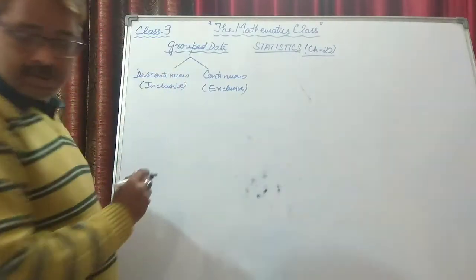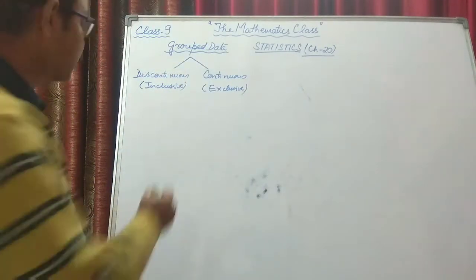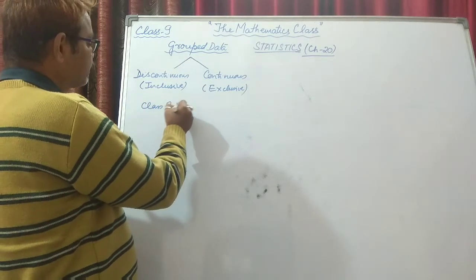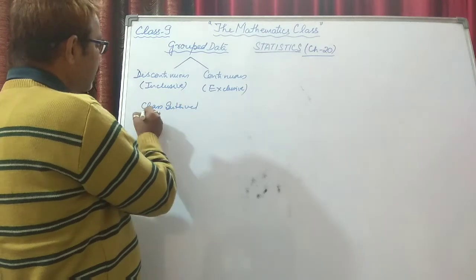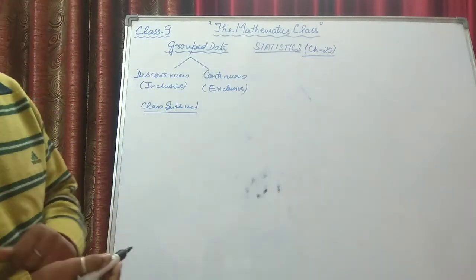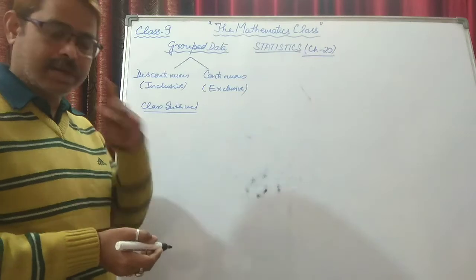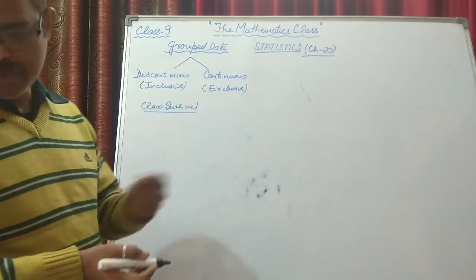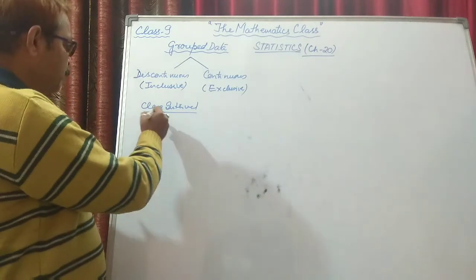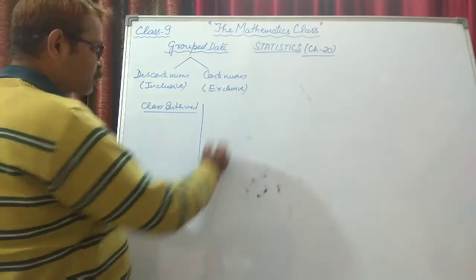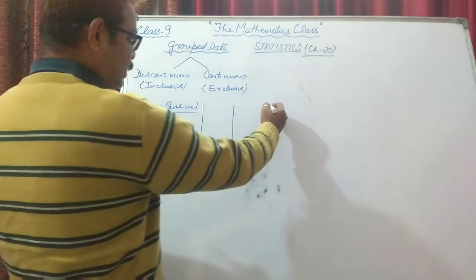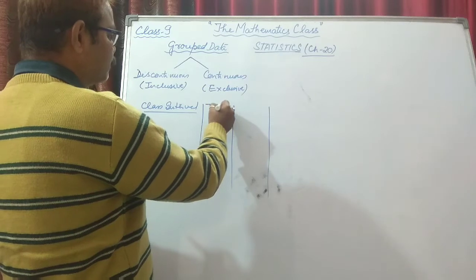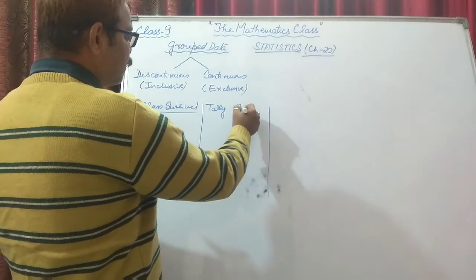Suppose I am making class intervals. Let us say there was a test in class 9th of 25 marks, and those marks I am dividing into 5 parts, the number of students who scored. Let us say this is my tally table, so this is my tally and this is my frequency.